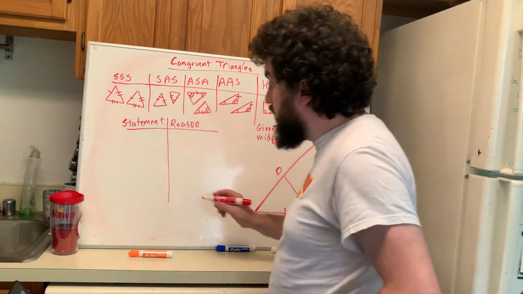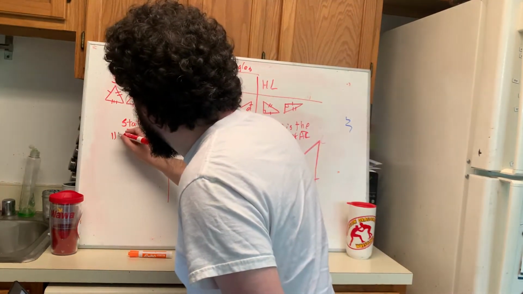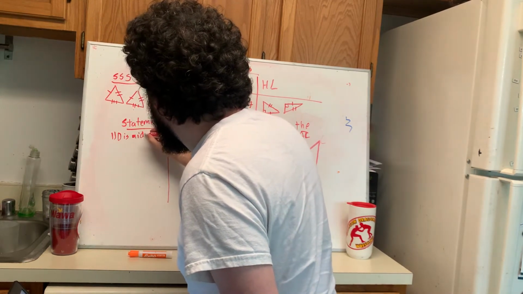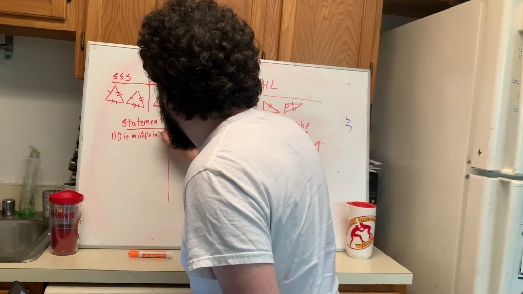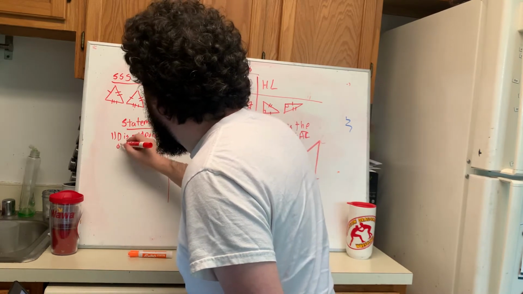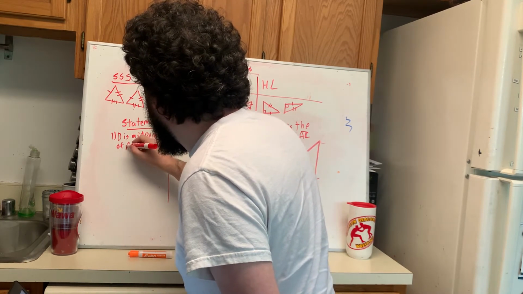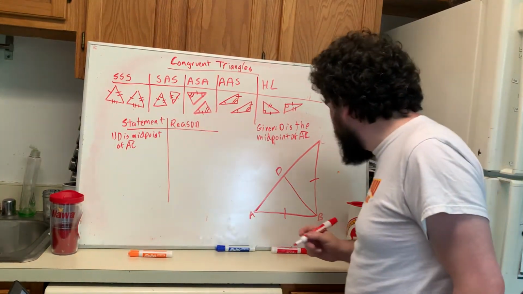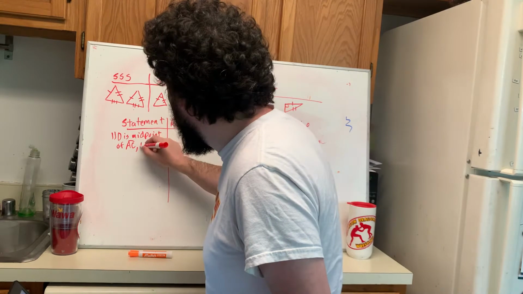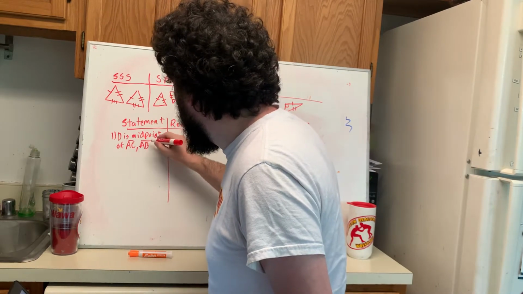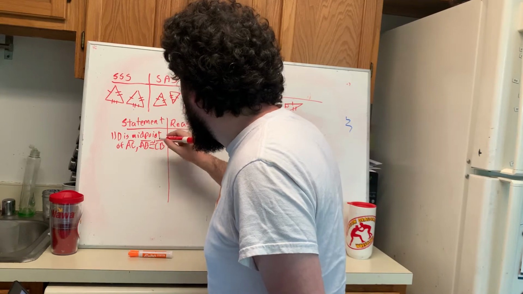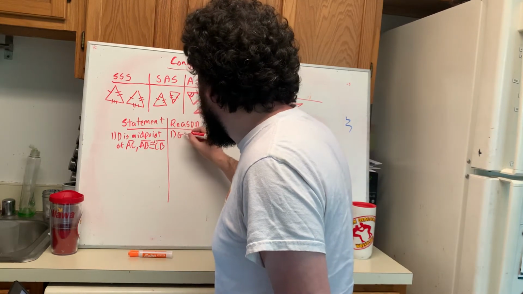So that's going to be there in my statement. D is midpoint of AC. I'm also told AB and CB are congruent. AB is congruent to CB. All this is given to me.